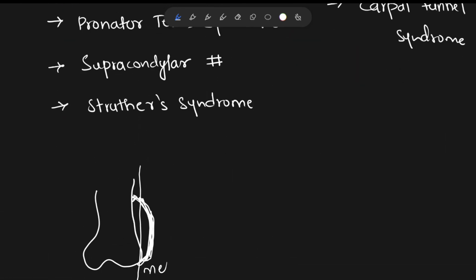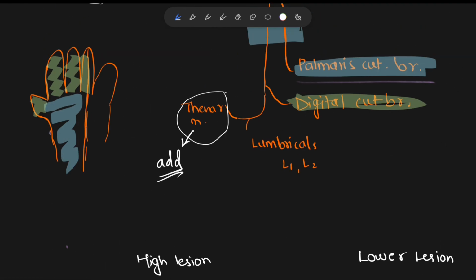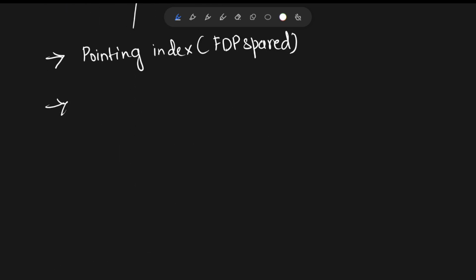So here adduction is spared, so we can see there is adduction. Okay, the rest is affected. There is no flexion, but adduction is seen. So our thumb will be in an adducted position.